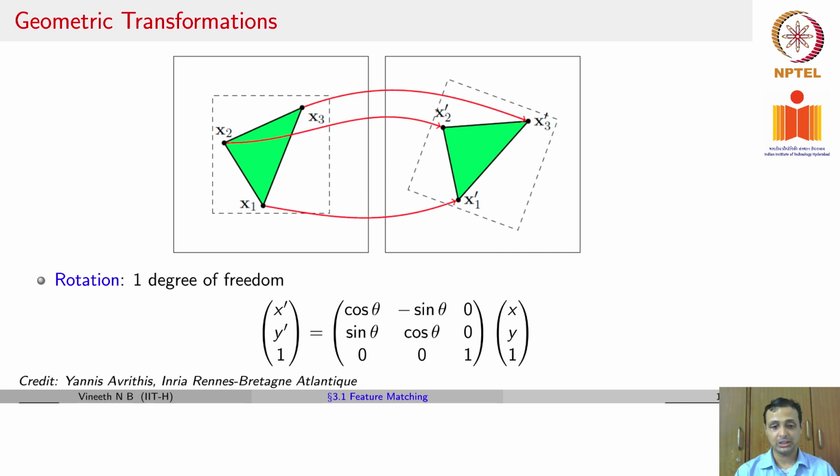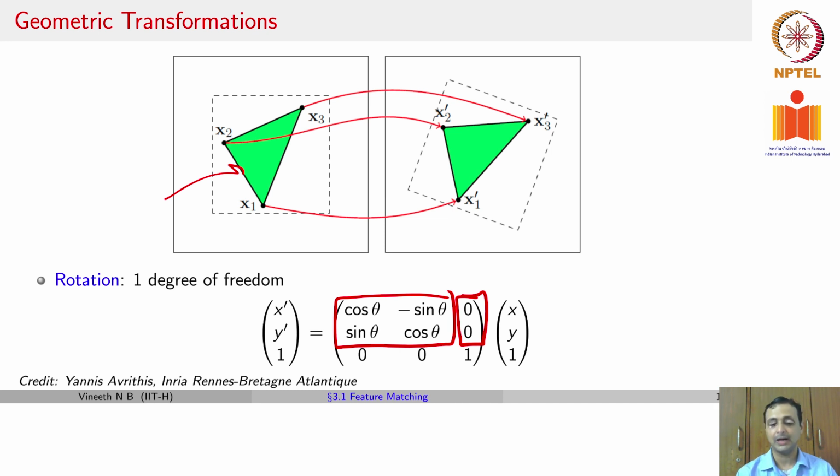If you took rotation, this green triangle is now simply rotated. There's no translation. It's only rotated. You can see that 0, 0 is put here for the translation, which means there's zero translation, but there is rotation. And in this case, it's given by cos theta, minus sin theta, sin theta, cos theta in the upper 2 cross 2 of this 3 cross 3 matrix. I'll let you look at this more carefully. It's a simple expansion again.